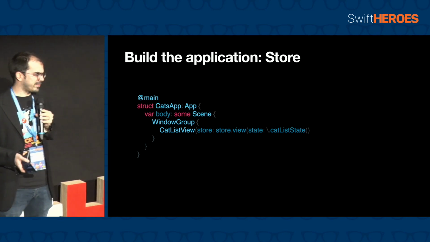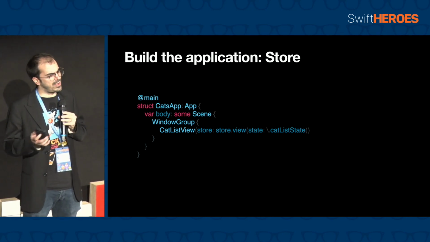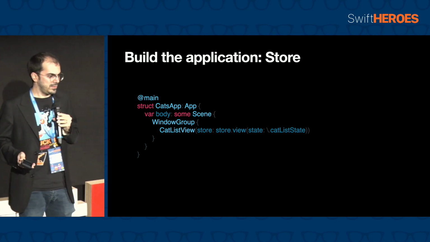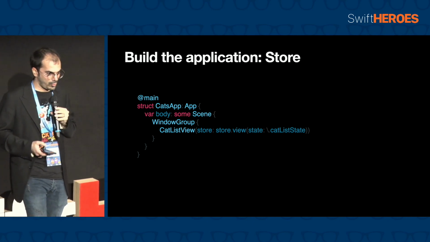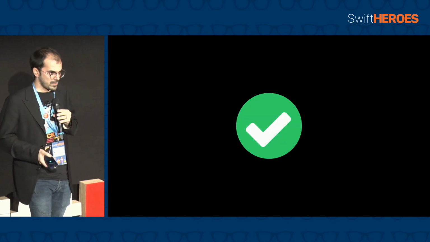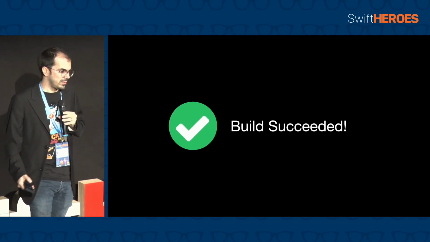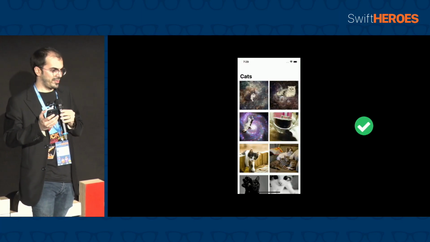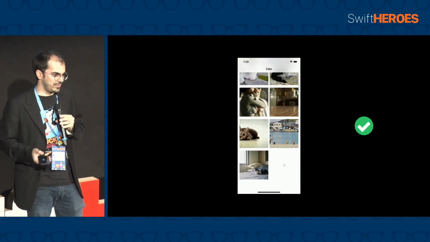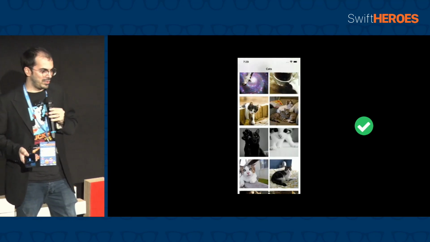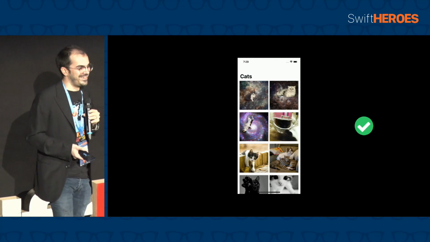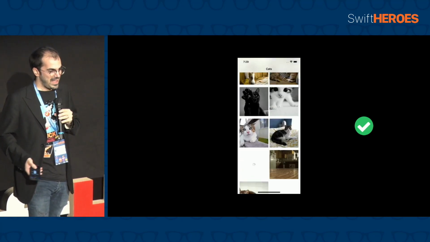So instead of passing the store, we pass the store.view, mapping the state, passing the key path, of course. This is the result. The application starts working again. It changes in white because I'm dynamic with colors, but it's okay. And that's it.